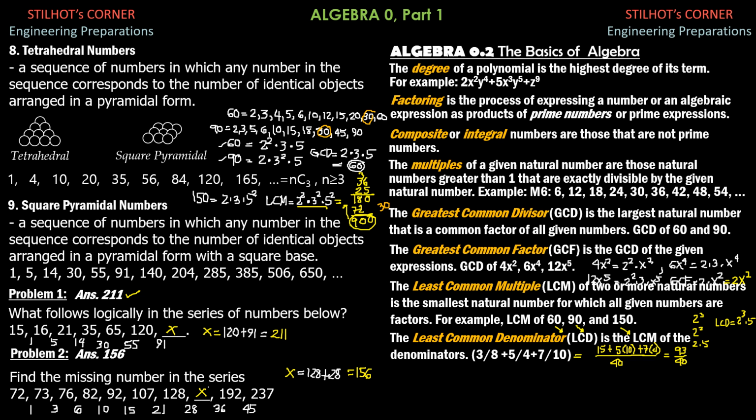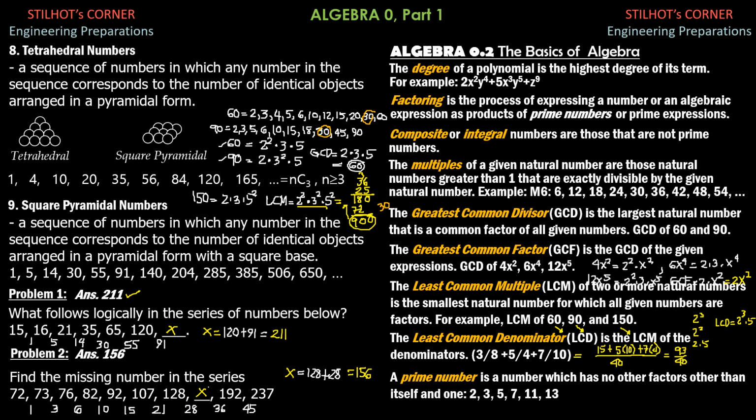Just a concept. Then finally, we have the definition of a prime number, which is a number which has no other factors other than itself and 1. So the smallest prime number is 2. It begins with 2, not by 1. Remember that.